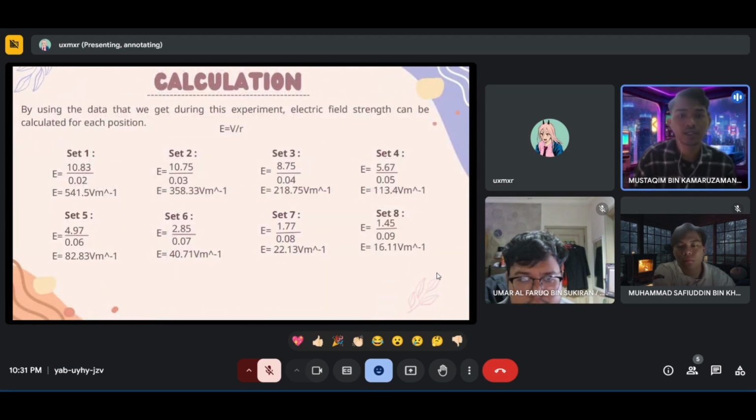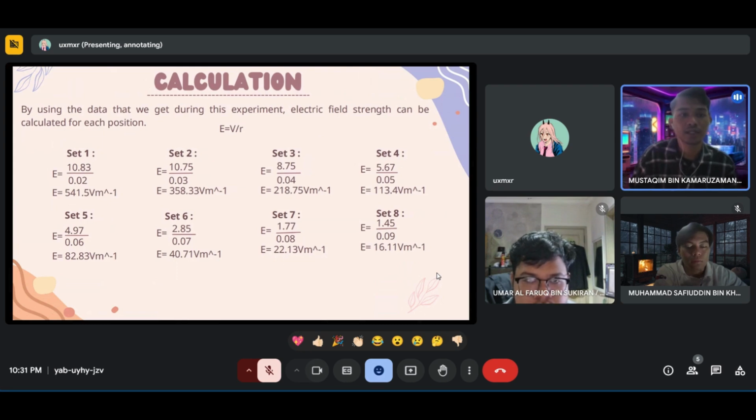So here is the calculation from our experiment. We are using E equal to V divided by R, where V is in the unit of voltage and R is in the unit of meter. There are eight sets of values that we just need to substitute, and we just need to find the electric field in the unit of voltage per meter.